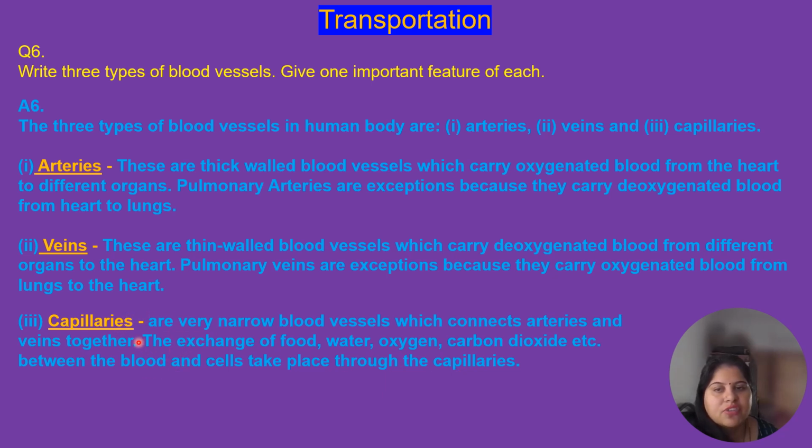So this is the function of the capillaries. So generally arteries are thick-walled and carry oxygenated blood from the heart to the different organs, and veins are thin-walled blood vessels which carry deoxygenated blood from different organs to the heart. Okay, now move on to the next question.